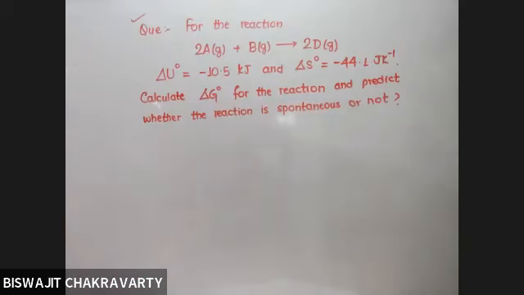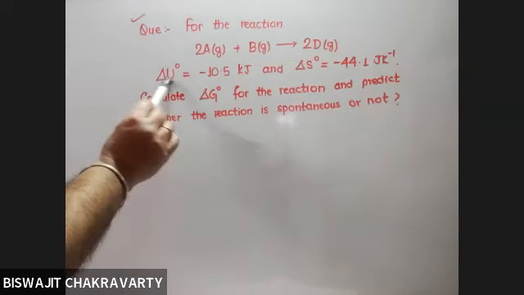Okay, so this whole question is a package in itself, and you need to calculate delta G degree. But for calculating delta G degree, what things are required? Tell me. Can anyone tell me?